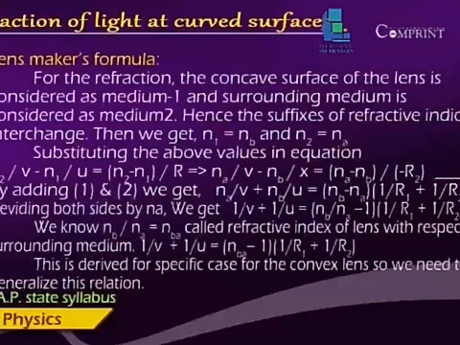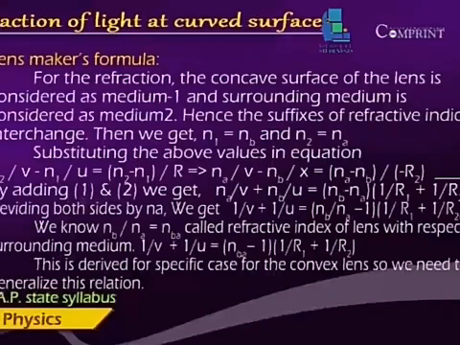For the refraction, the concave surface of the lens is considered as medium 1 and surrounding medium is considered as medium 2. Hence, the suffixes of refractive indices interchange. Then we get N1 is equal to nb and N2 is equal to na.